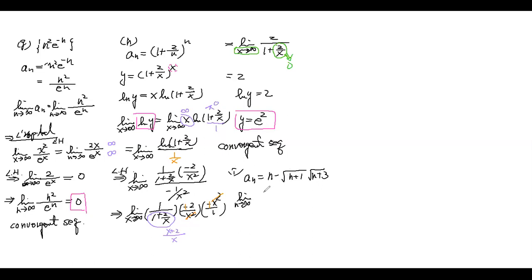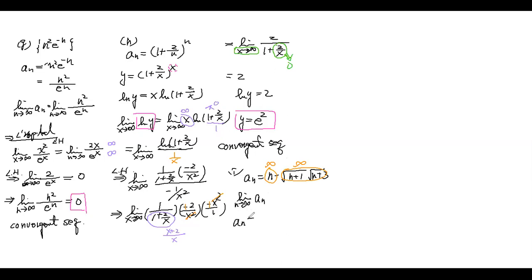what happens here? This term is going to approach infinity, and this term is also going to approach infinity. So it's infinity minus infinity, and I don't know what that is, so we need to do something about it. Let's change this a little bit.